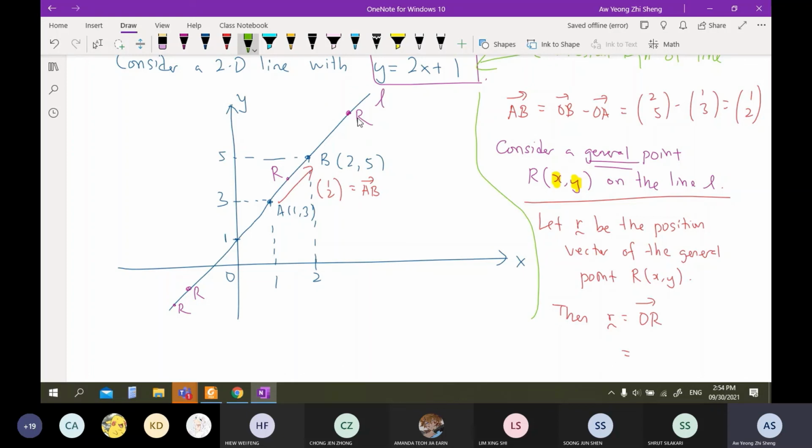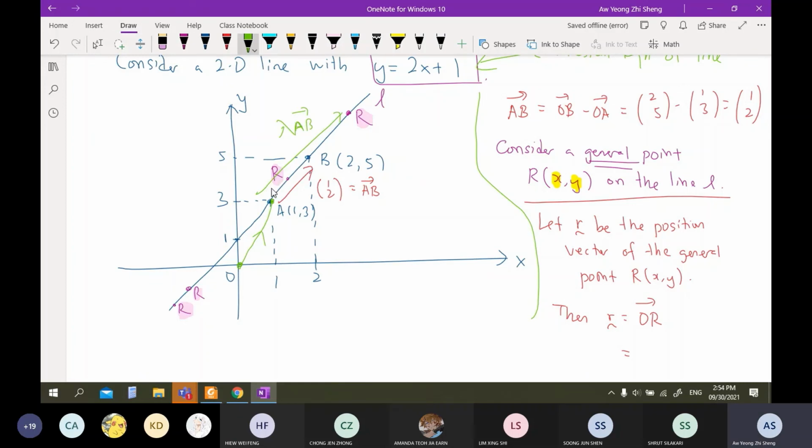Now, my R can be anywhere along the line. My R can be very far up here, it can be somewhere in the middle of A and B, it can be very far down here. Regardless of where my R is, I want to find a path that will lead me from O to R. One path that I can take is the path from O to A first. Then, depending on where my R lies, I will take a scalar multiple of AB.